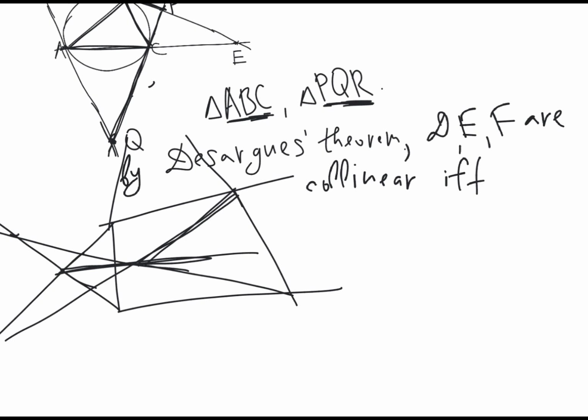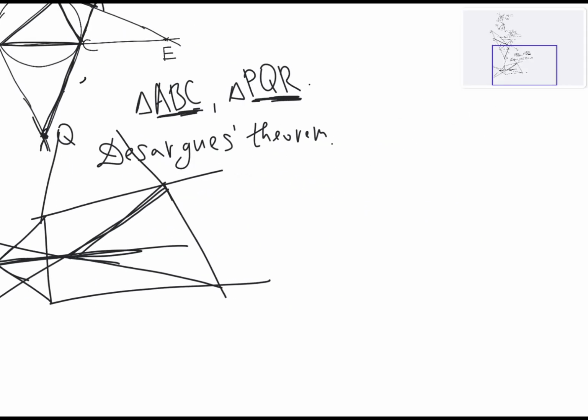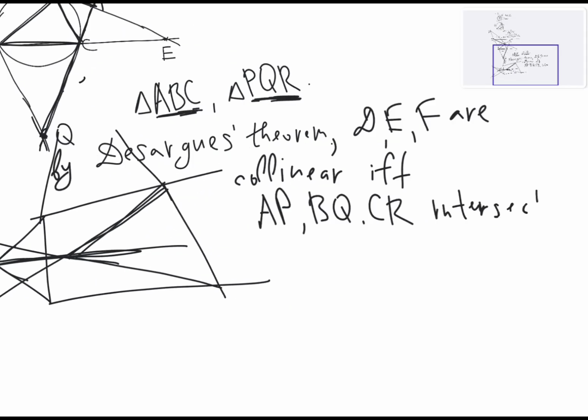So by Desargues theorem, D, E, and F are collinear if and only if the lines AP, BQ, and CR intersect at a single point.